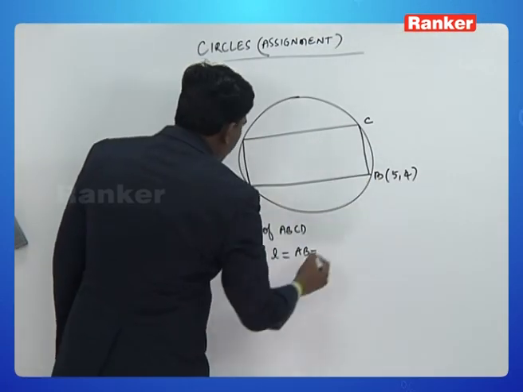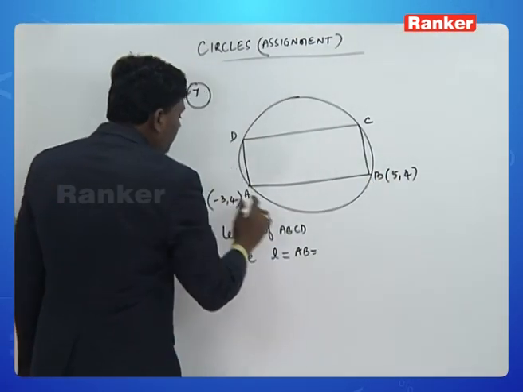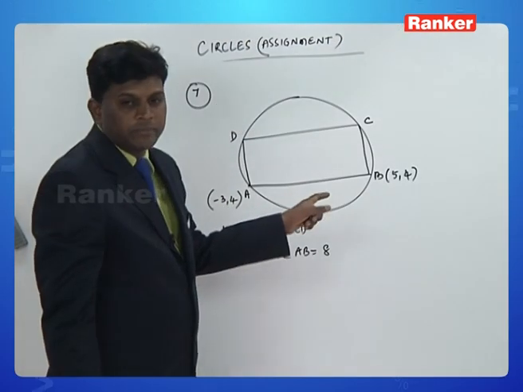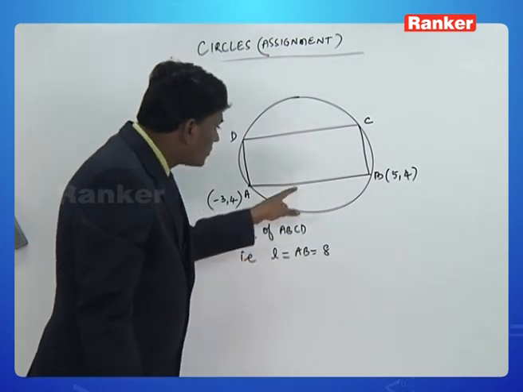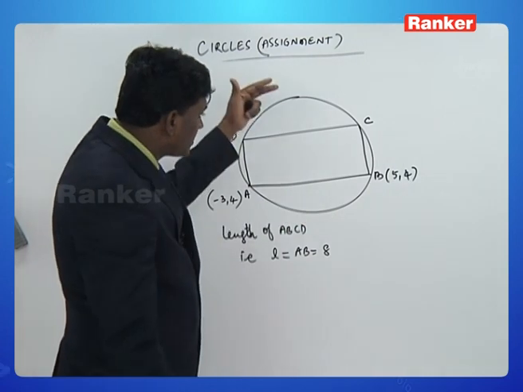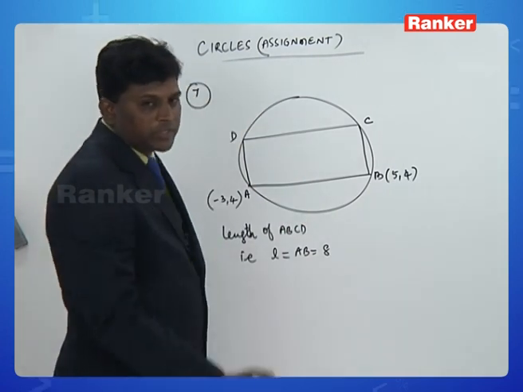Length of AB here is 5 minus of minus 3, which is 8 units. In this diagram, we are clearly getting the length of the rectangle as 8 units. Now, to find out the breadth of this rectangle, one more condition is given.